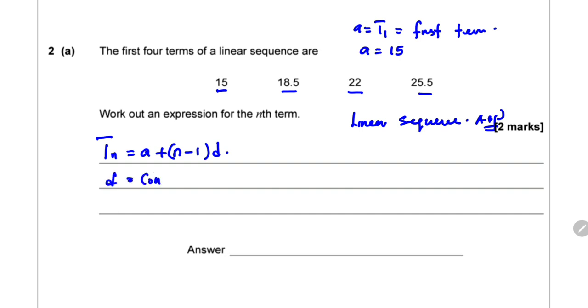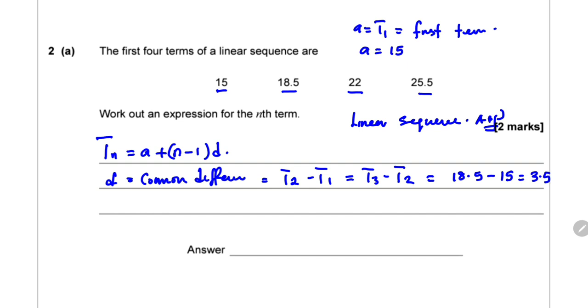D is common difference, and how do we get it is by saying T2 minus T1, which is the same thing as saying T3 minus T2. It's actually consistent. So if you check it in this case, we can just say 18.5 minus 15, which is 3.5. So I've gotten this expression ready. So therefore I can now have my Tn is equals to 15 plus n minus 1, because of course it's in terms of n that we're going to get it.